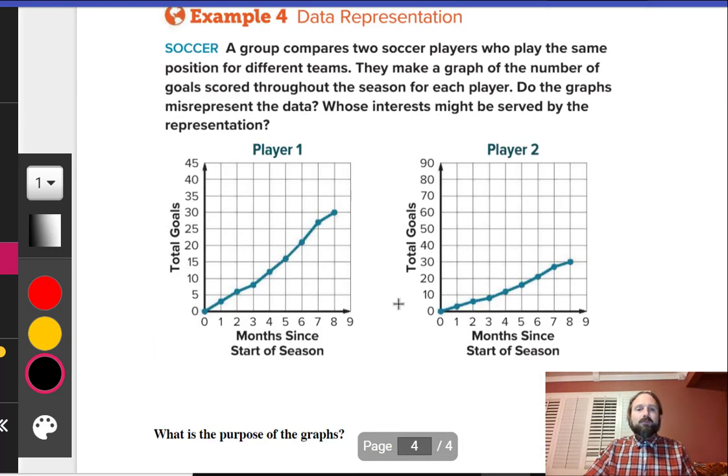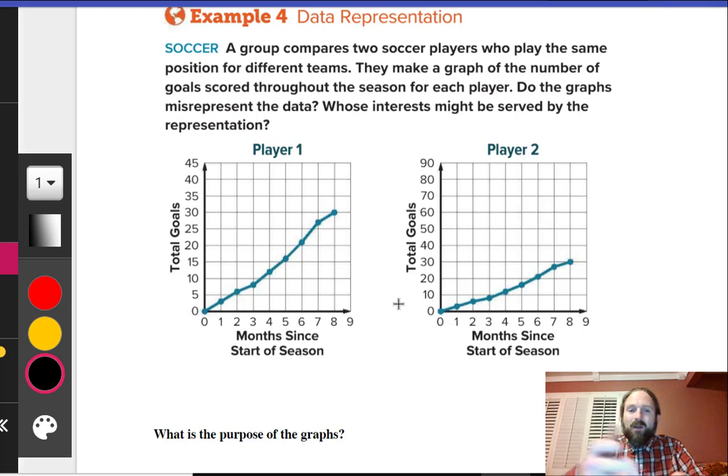So example 4. A group compares 2 soccer players who play the same position for different teams. They make a graph of the number of goals scored throughout the season for each player. Do the graphs misrepresent the data? Whose interest might be served by the representation? Okay, looking at this, I'm going to tell you right now, they're pretty much the same numbers.